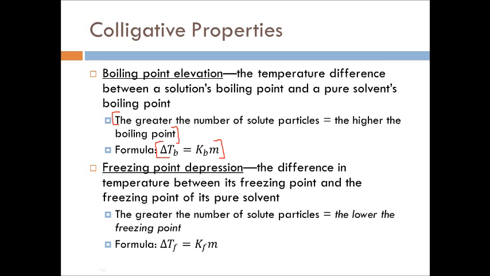Freezing point is the same exact idea, except it's the opposite direction. The greater the number of solute particles, the lower the freezing point. So it takes more energy to slow down the particles. They have to give off more energy to break the interactions to be into a crystal form. And again, we can use basically the same formula, delta TF equals KFm, to find that difference in freezing temperature.